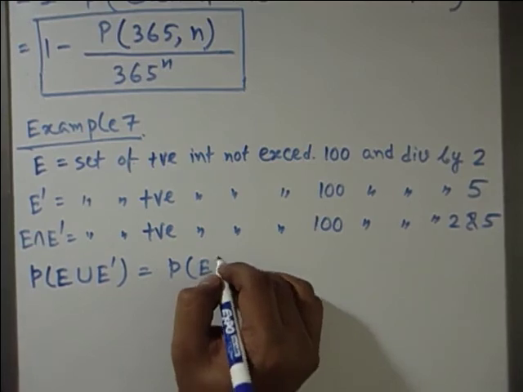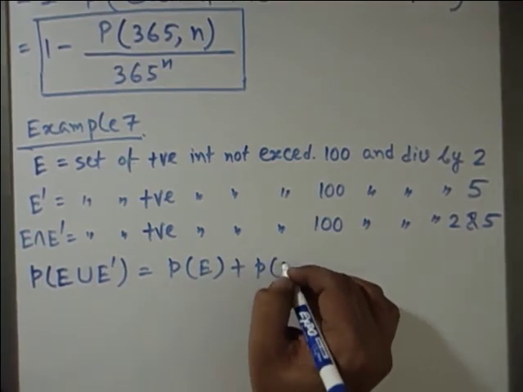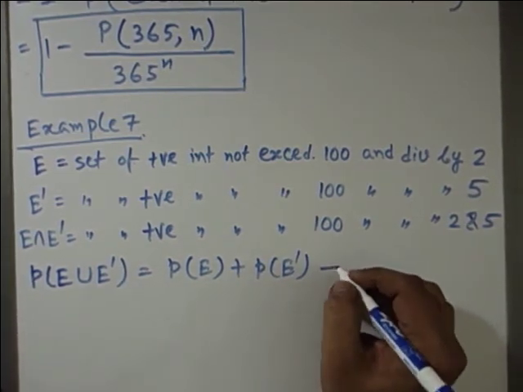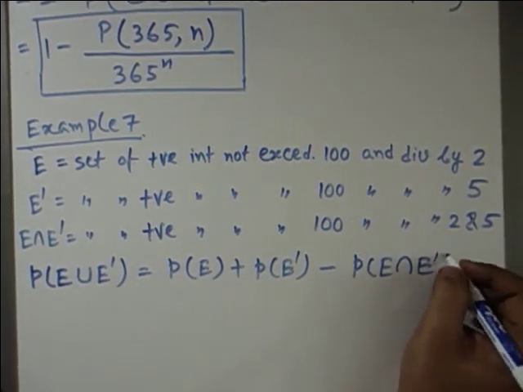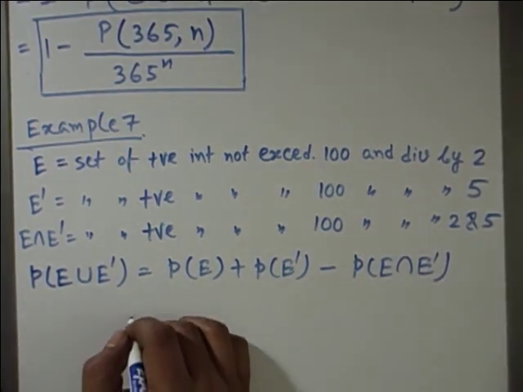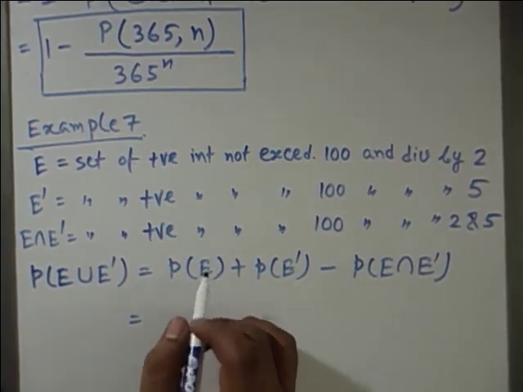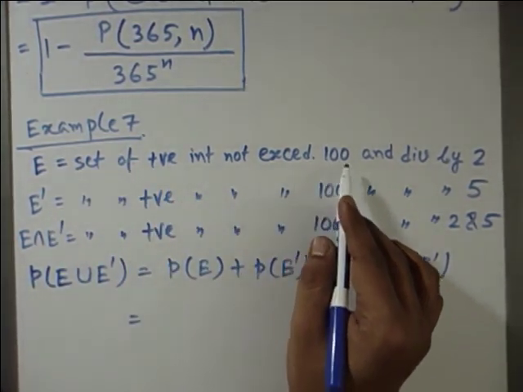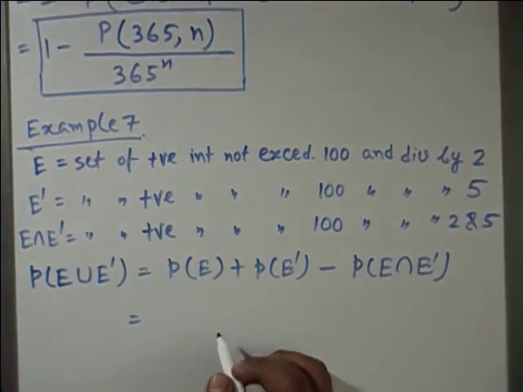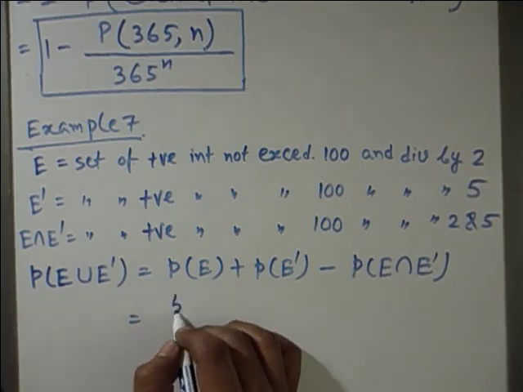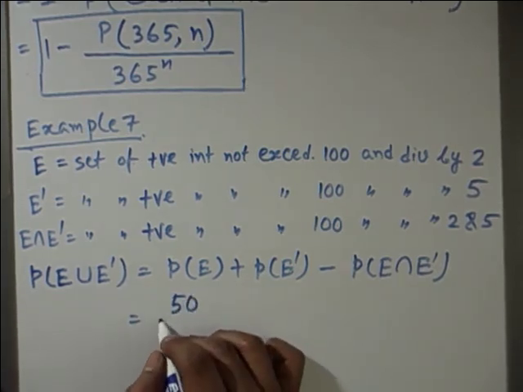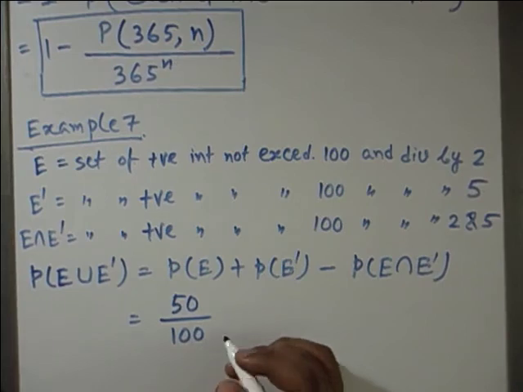This is probability of E plus probability of E prime minus probability of E intersection E prime. So what is the probability of E? The set of positive integers not exceeding 100 divisible by 2. So how many integers are there? There are total 50. And the denominator is 100.